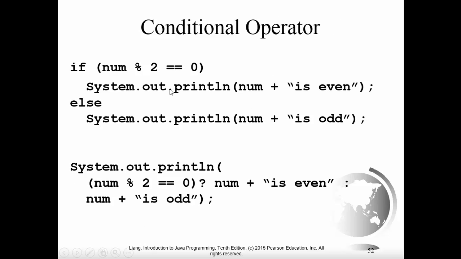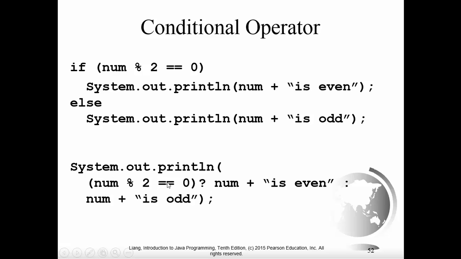In this example, I say that if the number mod 2 is equal to 0, it's evenly divisible by 2, so it's an even number, otherwise it's odd. Now I can accomplish that same code using a ternary operator by saying num mod 2 equals 0.